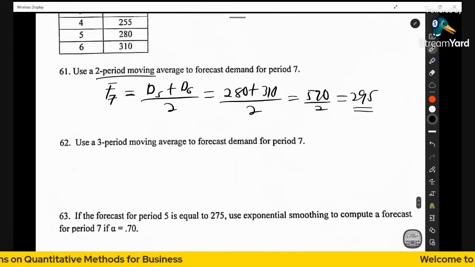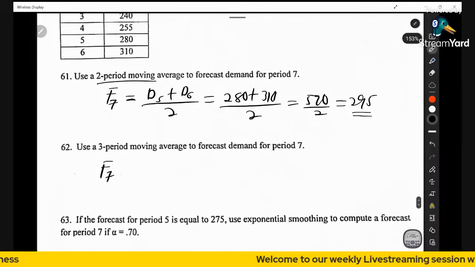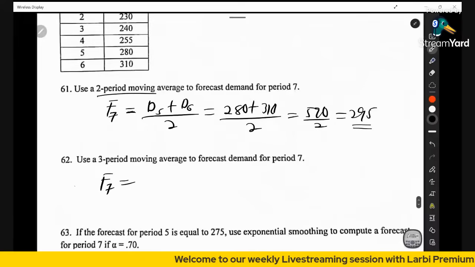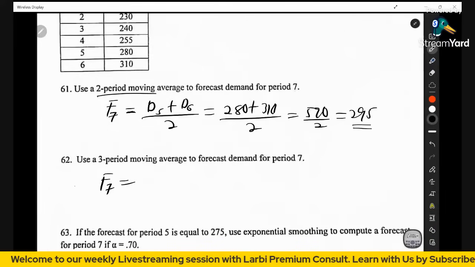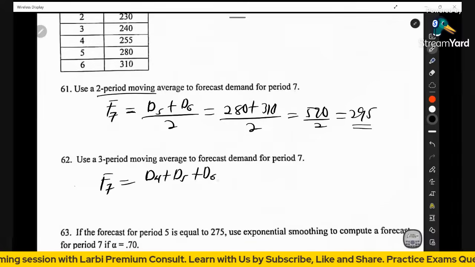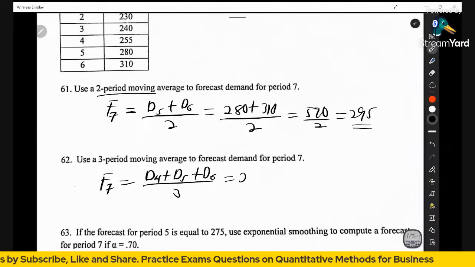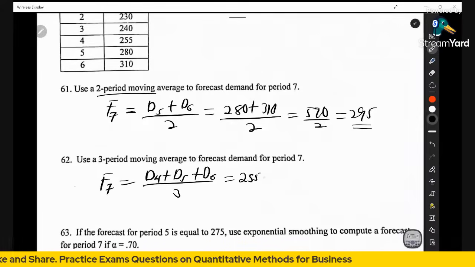Using a 3 moving average to forecast for period 7. So it means that we're going to consider 3 data. So from 6, 5, and then 4. So we're going to have D4 plus D5 plus D6 divided by 3. Okay, that is the weight. So in this case, D4 was 255, plus 280 plus 310.